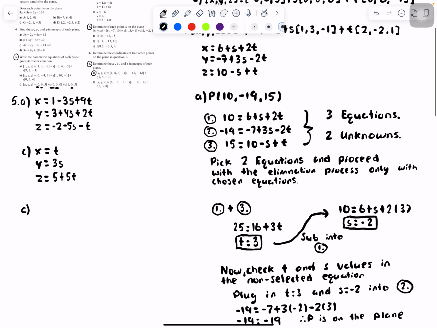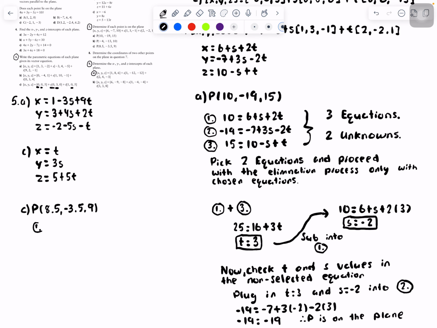So I'm checking if the point P, 8.5, -3.5, 9, is on the plane. All right. So let's see. How can we attack this problem? Which equations should we use? I guess I should first write down all the equations.